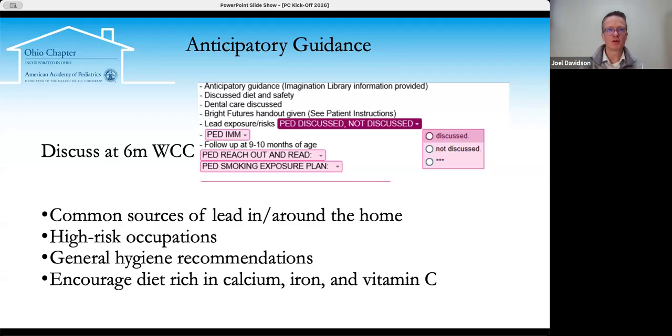Some of our patients that have come to us may describe an upper story bathroom that's been leaking, and the drywall is disrupted, and that happens to be over the dining room table. All of those are factors. By talking to the family about what their environment looks like, and if any of those risks are present, you can start to talk about how to mitigate some of those risks.